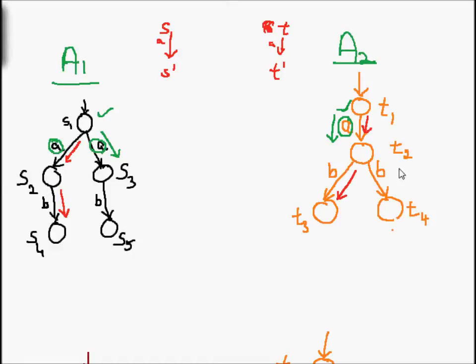No, because I have left one transition in T2 to T4 in A2. So let me consider that. T2 makes a B transition to T4. S2 makes a B transition to S4. Now I can tell that there is a bisimulation relation between S2 and T2.